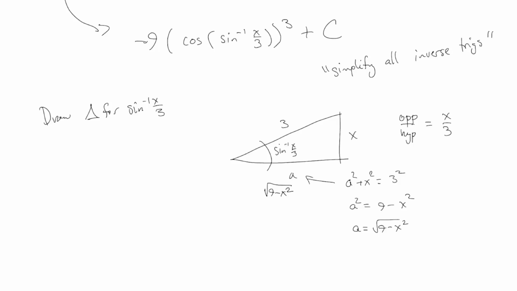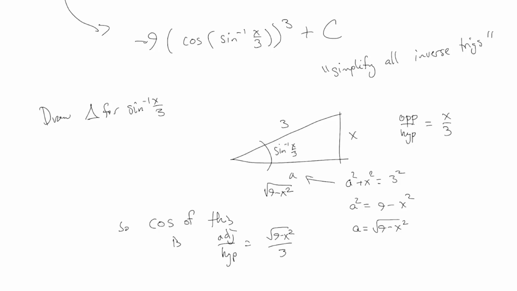That means the cosine of this angle is adjacent over hypotenuse, which is root 9 minus x squared over 3. And this is what I'm going to put in right here. Cosine of inverse sine x over 3 is root 9 minus x squared over 3.